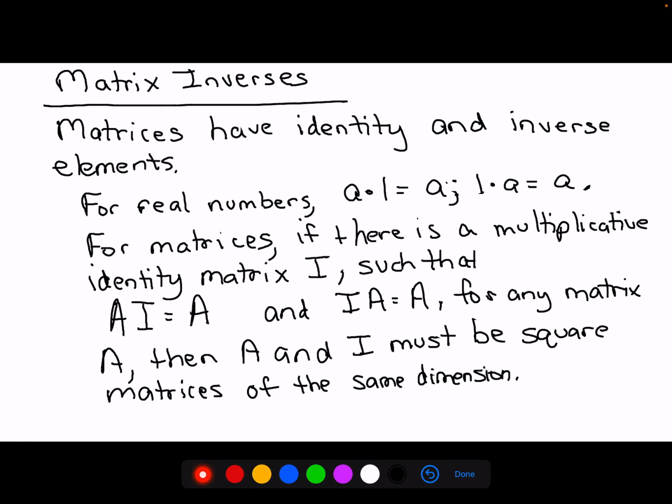Just like 1 is an identity element in real numbers, I is an identity matrix in the set of matrices. And in order for this to happen, both your matrix and your identity matrix have to be square matrices of the same dimension.